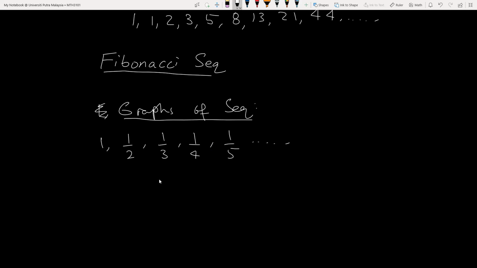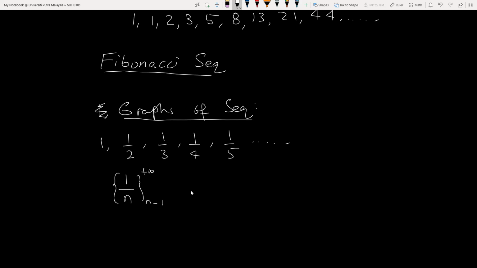So you can see that you can put it into the brace notation such that you can say this is 1 over n, and then n goes from 1 to positive infinity.